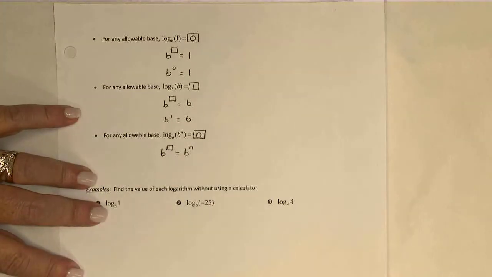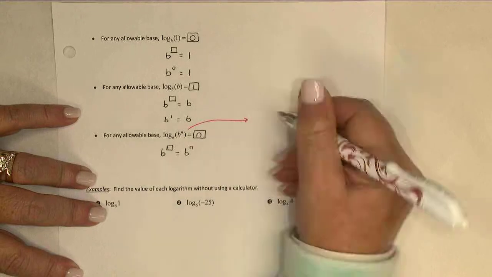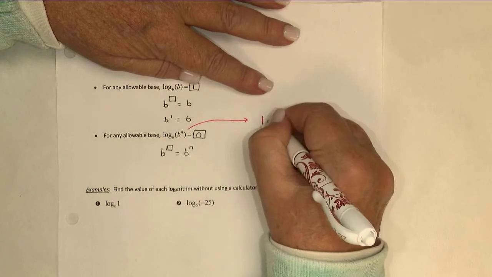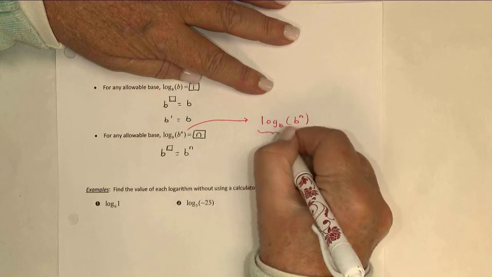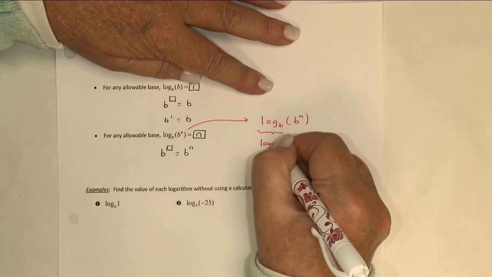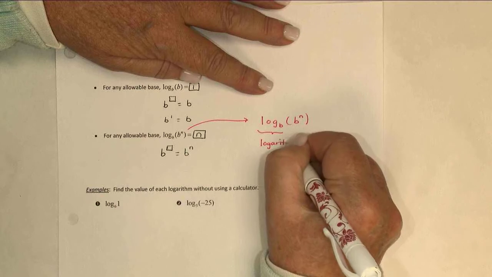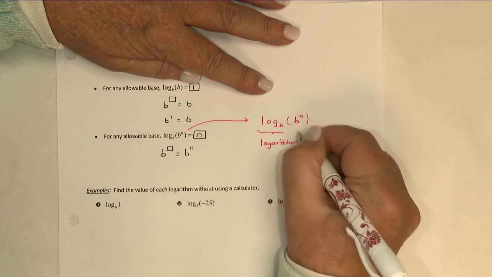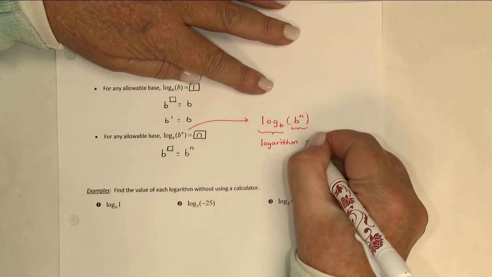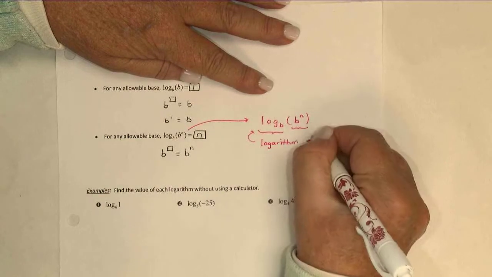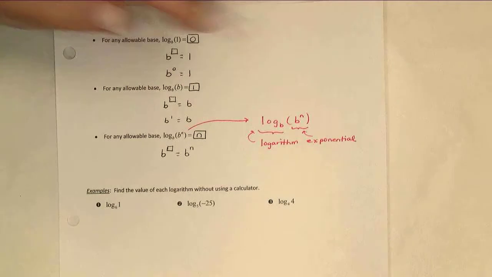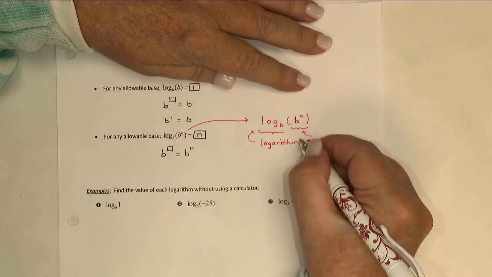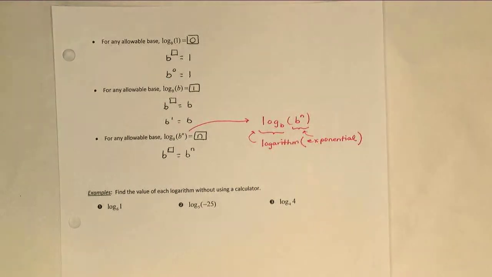So it's actually not at all surprising here that what I really have is a logarithm function and an exponential function, the exponential function has been put into the log function, so this is a composition.